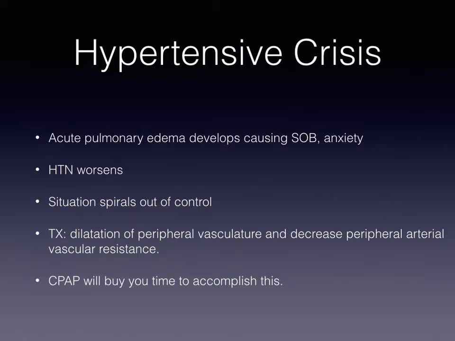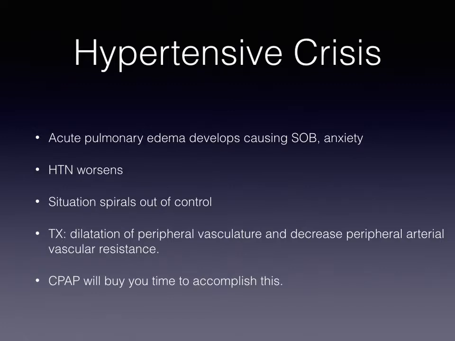So these patients wake up in the middle of the night with some shortness of breath. That causes anxiety, and that anxiety causes high blood pressure. That high blood pressure makes it much more difficult for the heart to pump out against the pressure, and so more fluid backs up into the lungs, and this cycle kind of spirals out of control, where they have increased anxiety, increased hypertension, and it gets very quickly to respiratory distress.